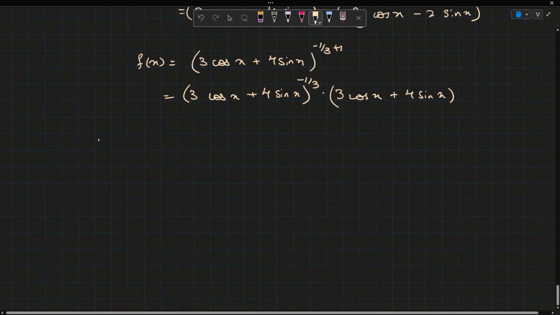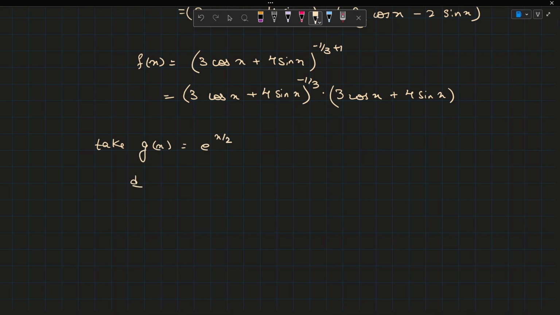Okay, now take g of x as e to the power x over 2. So differentiation of g of x is equal to e to the power x over 2 by 2.